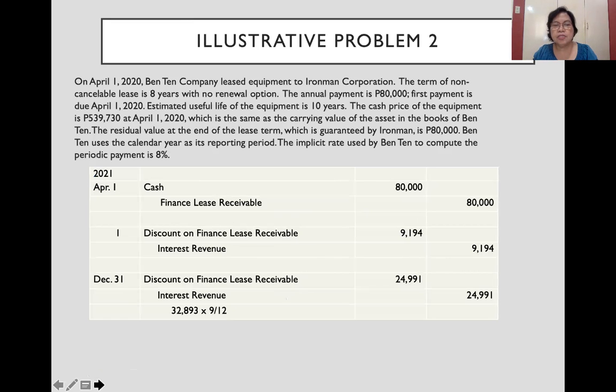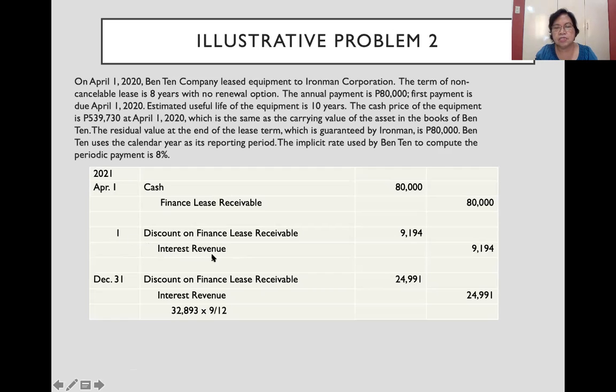So, in the year 2021, to record the second collection, we debit cash 80,000, credit finance lease receivable 80,000. And then, the remaining 3 months of the first interest in our amortization table will have to be transferred to interest revenue.